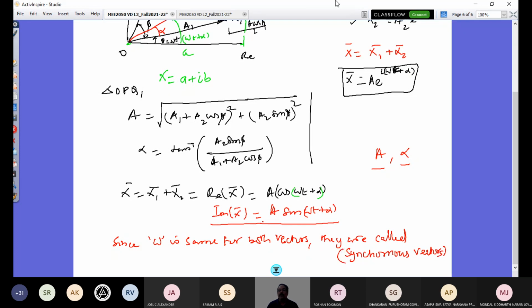So what do you mean by synchronous vectors? Synchronous vectors essentially have the same circular frequency and can have different amplitudes, and you can add the two synchronous vectors and find the resultant by the procedure that I have explained now.